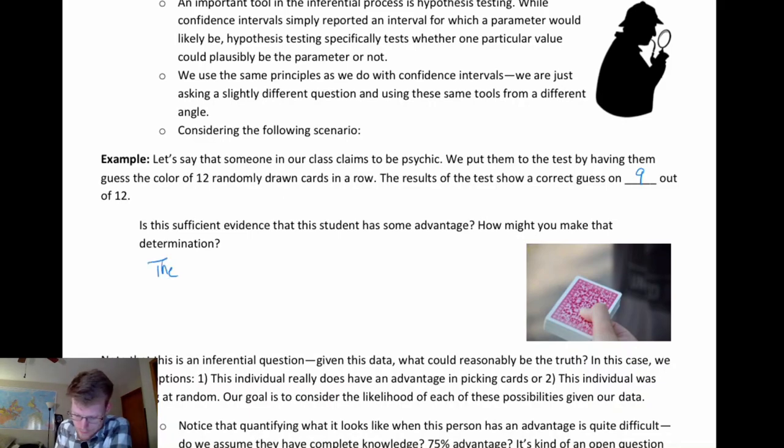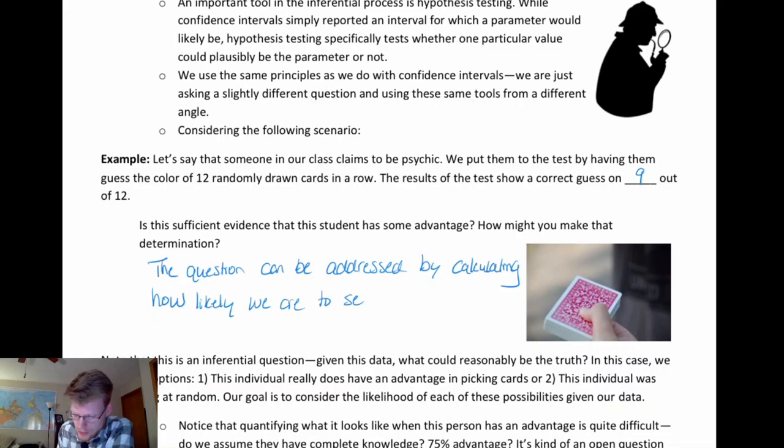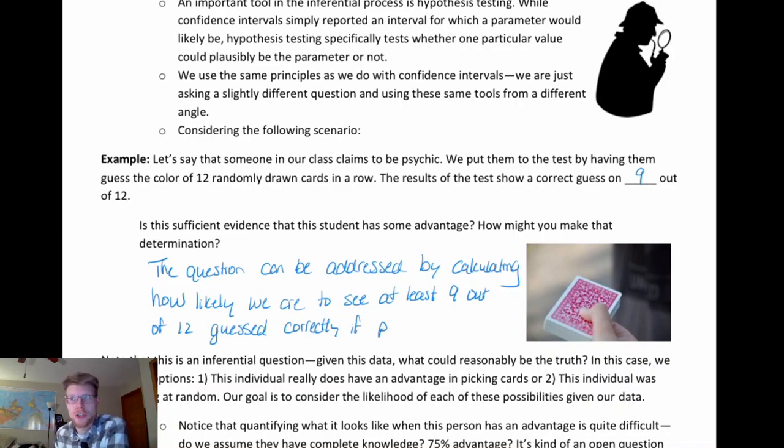So the question can be addressed by calculating how likely we are to see at least 9 out of 12 guess correctly if p, and this is the proportion, if the true proportion that she had to guess it correctly is 50%.